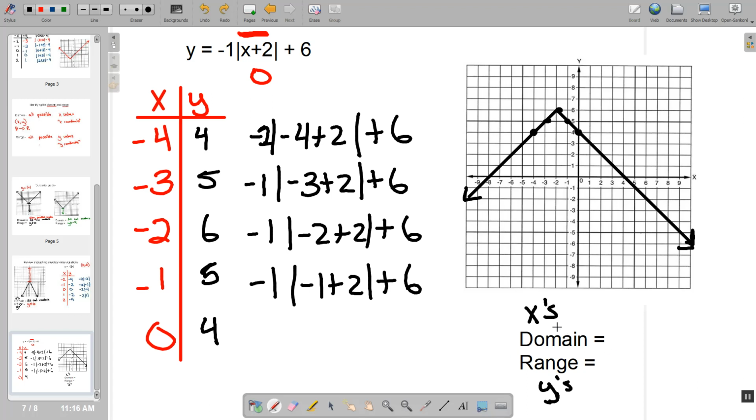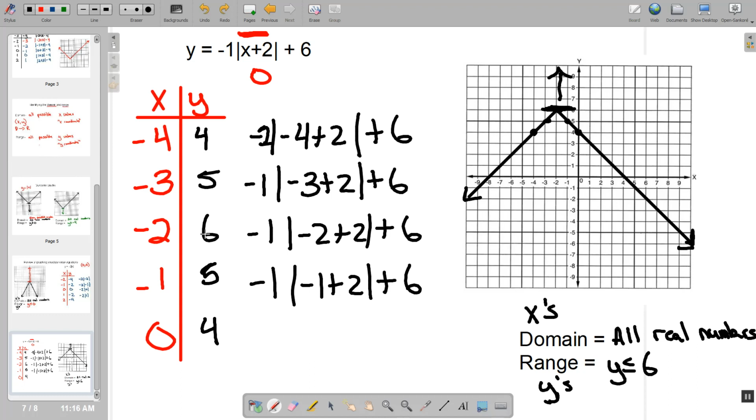Domain here is all of the possible x values, so all real numbers. And our range looks like it maxes out here at +6. Therefore, our y value cannot be bigger than that, so it has to be all y values that are less than or equal to +6.